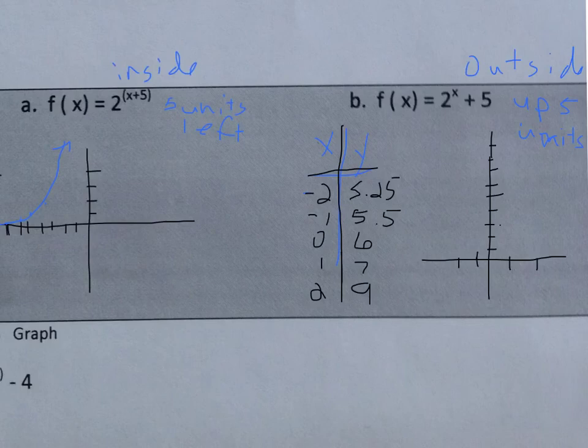We're going to be real close to that 5 mark. And then we got to do 5.5 for negative 1. And then 6 at 0. And then at 1 we're going to be at 7. And for 2 we'll be way up at 9. And this is what it looks like.